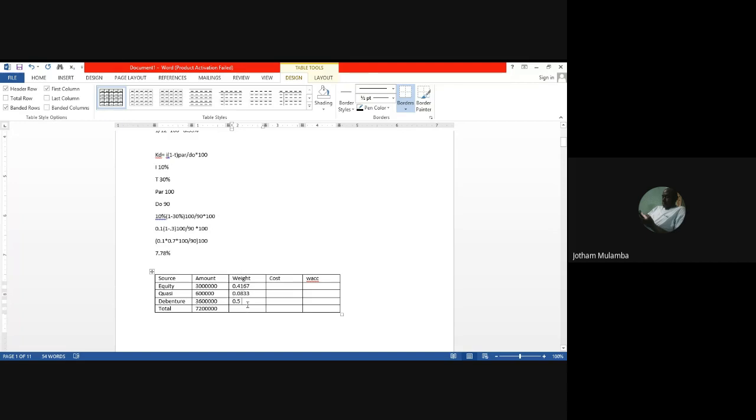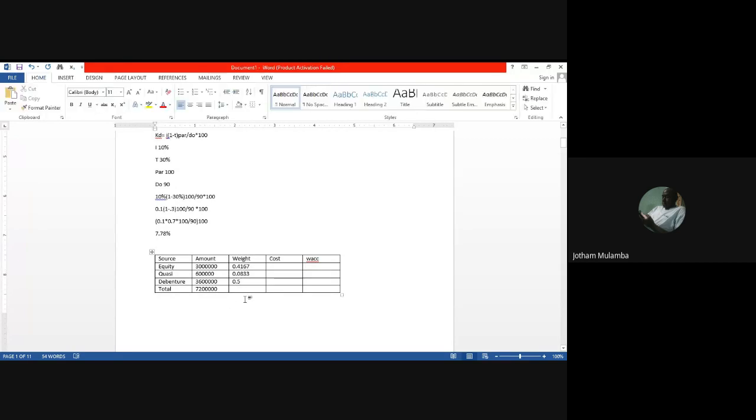Kindly add those values under the weight. One. Thank you. So when you add that value, you should get either 0.99 up to 1. If you get 0.999 something up to 1.00, that means you are correct.